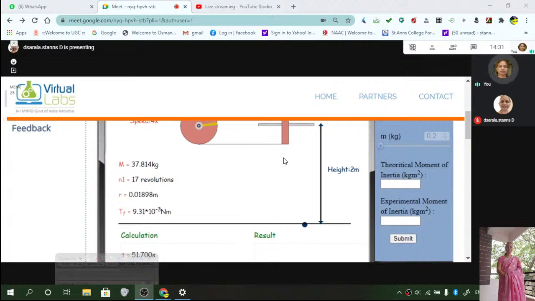So that you have to calculate in each case, and this will be common because you are not changing the radius.